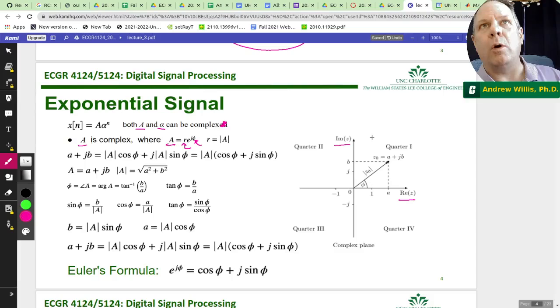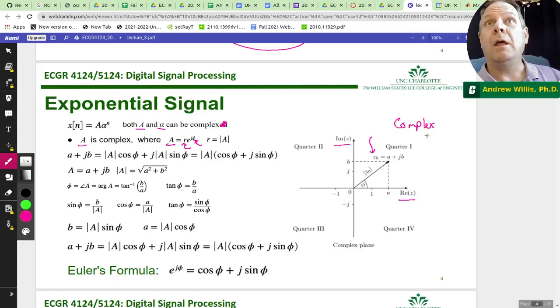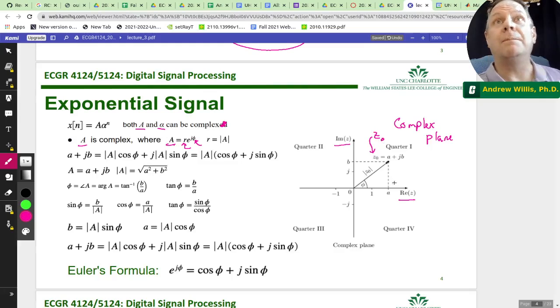And if we have a complex number z equal to a plus jb, that means we move out on the real axis a and up on the imaginary axis b. This sets up the geometry of complex numbers in the complex plane. So this is the complex plane, and this is a complex number z naught in that plane.